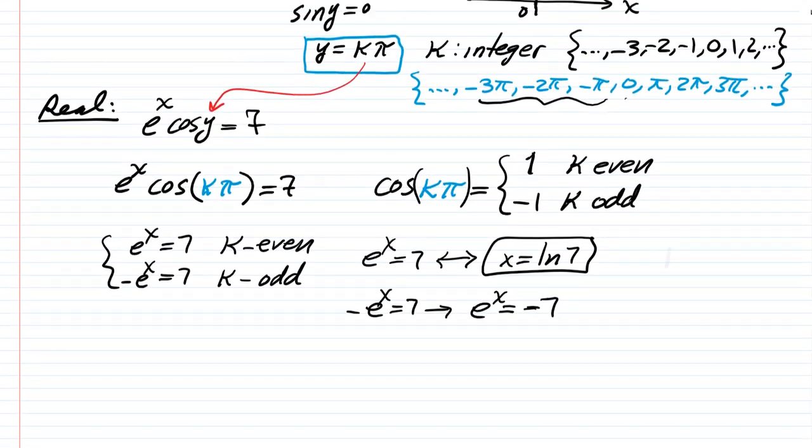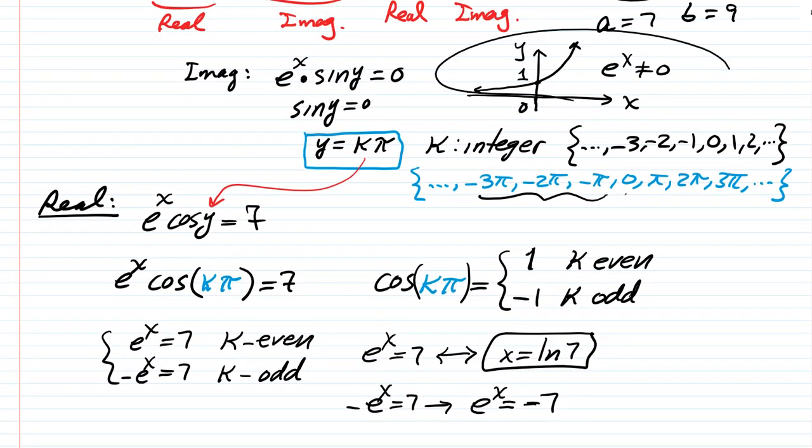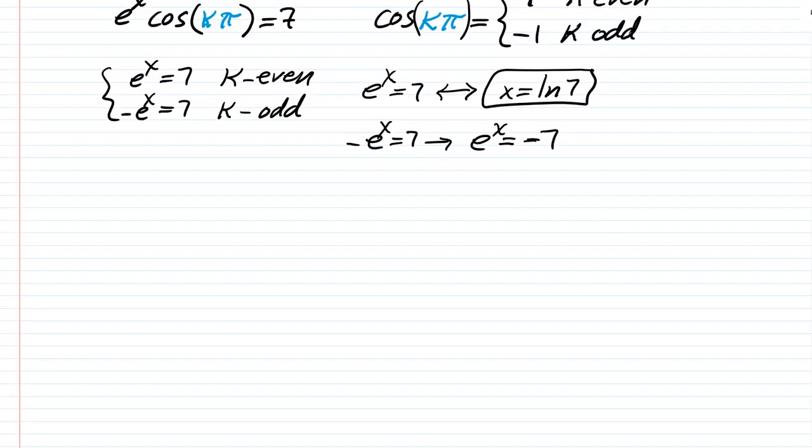Well, we just showed e to the x is always positive. It can never equal a negative number. So we can say this is not true, or if you go to log form, you get the same conclusion. So this one cannot be correct. This solution will not exist. So this one has no solution.